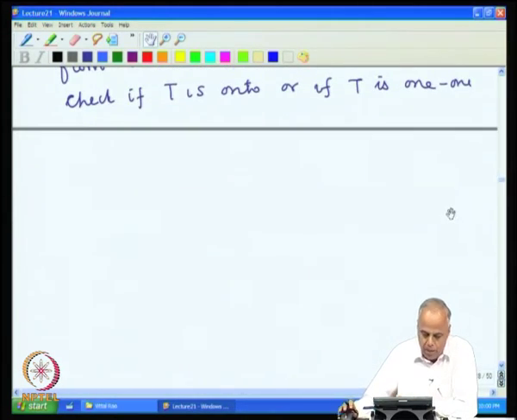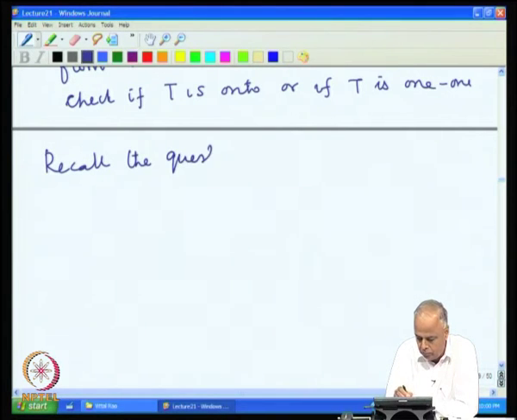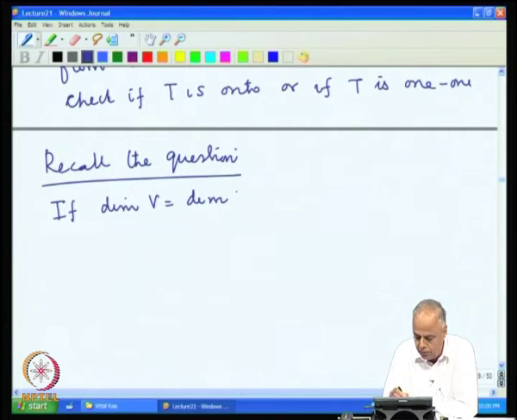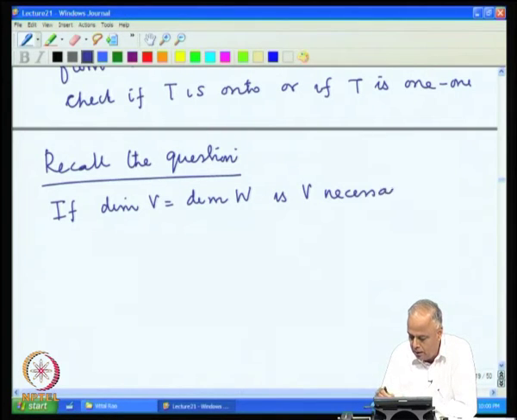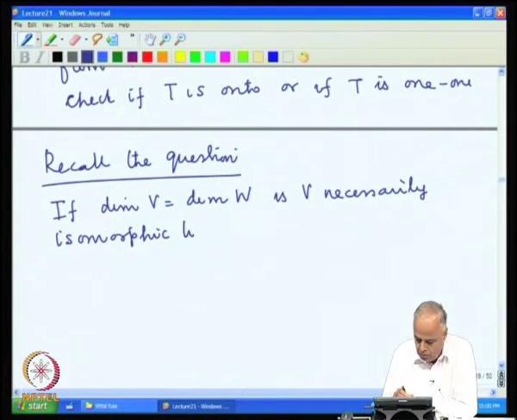So, let us go back and recall that question. If dimension of V is equal to dimension of W and both are finite dimensional vector spaces over F, is V necessarily isomorphic to W?